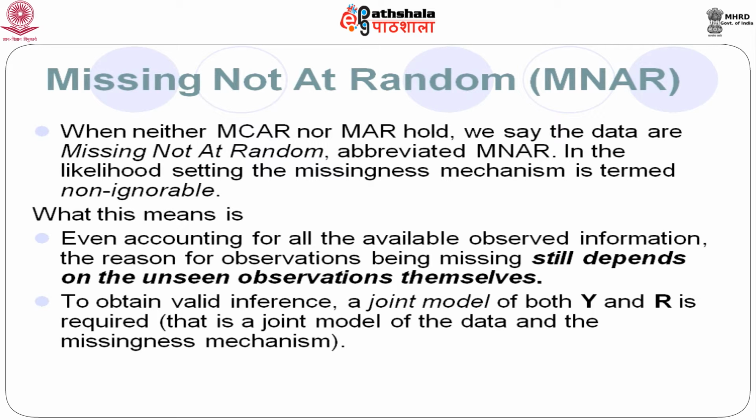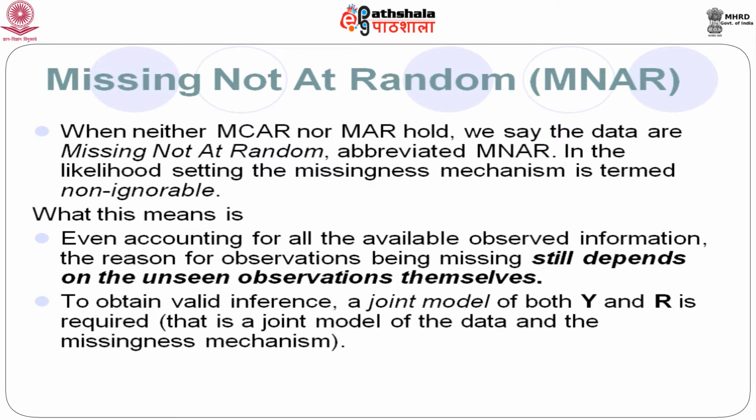We say that the data are missing not at random when neither MCAR nor MAR holds. In that case, the likelihood setting the missingness mechanism is termed non-ignorable. It is a typical situation. Mathematically, we can show that you cannot ignore the missingness probability part from the likelihood, but in the other two situations it was possible.